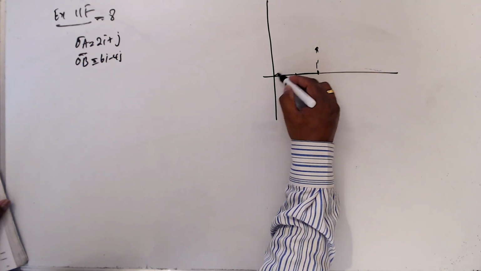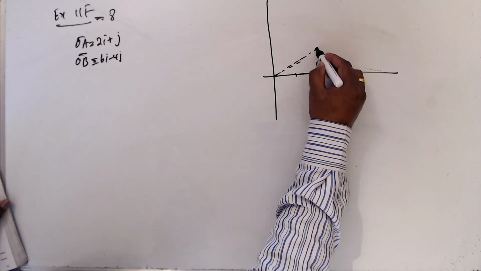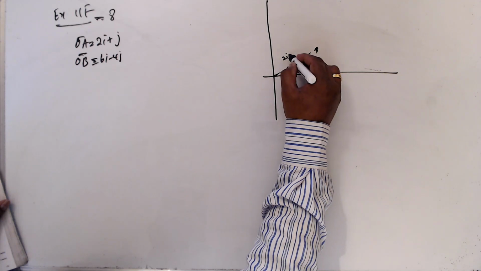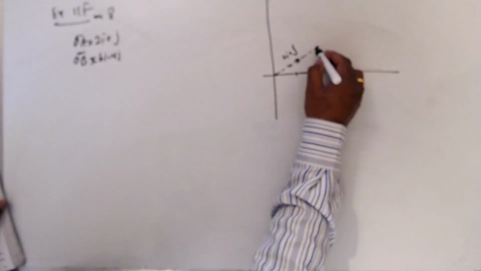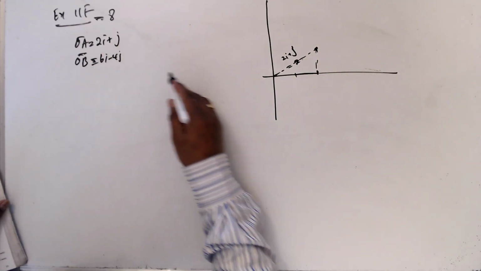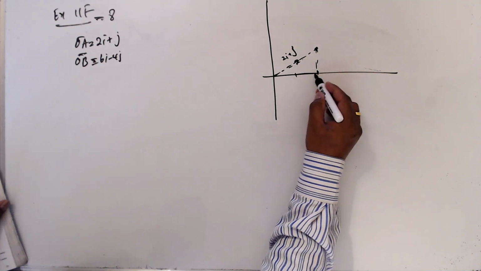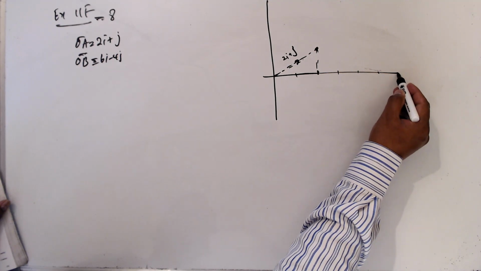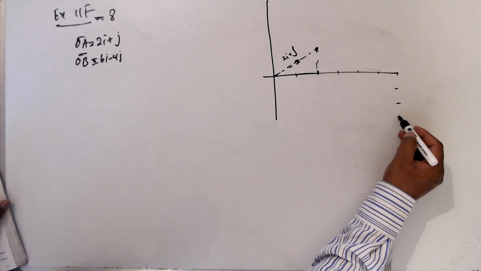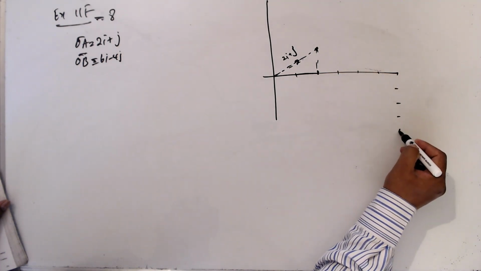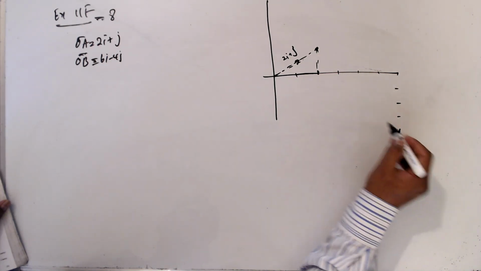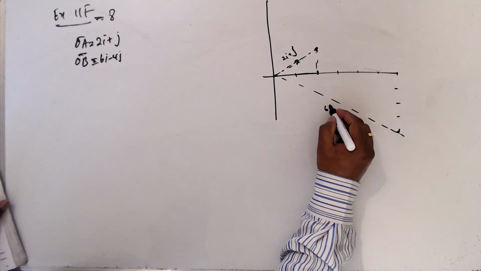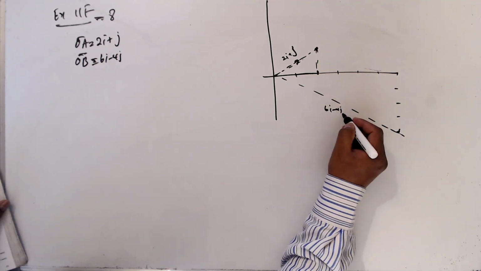This is the position vector 2i plus j, and the buoy B: 1, 2, 3, 4, 5, 6, and 1, 2, 3, 4. It is somewhere here. So this is going to be 6i minus 4j.